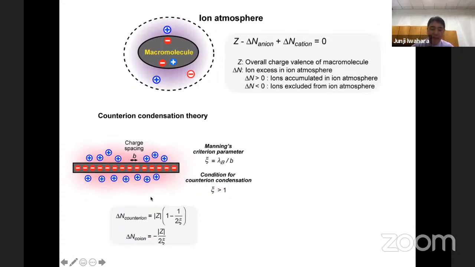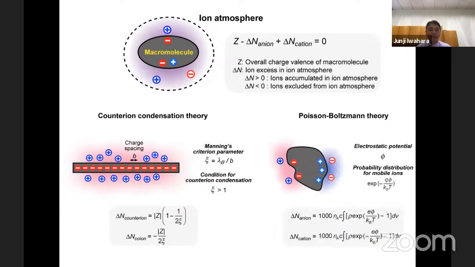For more general charge distribution and molecular shape, you can use, of course, Poisson-Boltzmann theory. Poisson-Boltzmann equation is about electrostatic potentials and also Boltzmann distribution of mobile ions.